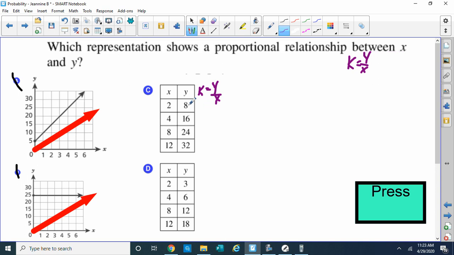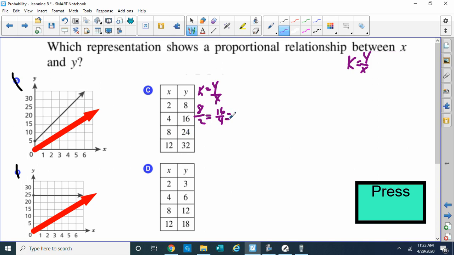So I'm going to take these y values, 8 over 2, and see if that is equal to 16 over 4. So I put the y value over the x value. Check out our video on how to find the constant of proportionality. And let's see if they're equal. And we got to check all of them.